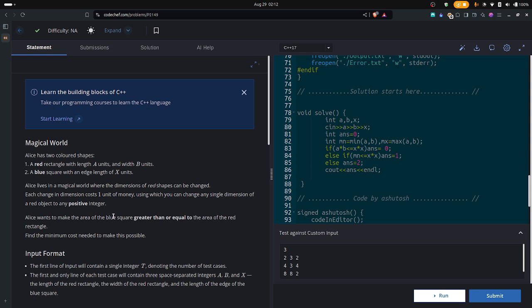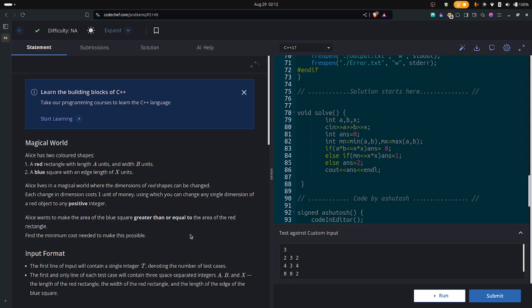Now, what we're given is that we can change the dimensions of the red shape, but we cannot change the dimensions of the blue square. What we want to do is make the area of the blue square greater than or equal to the area of the red rectangle.